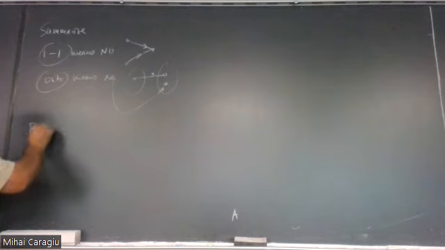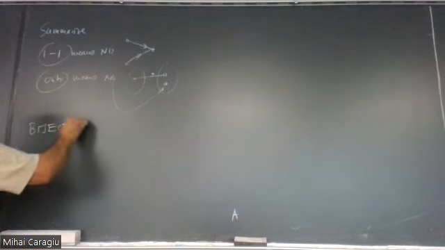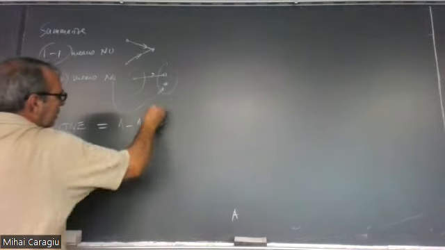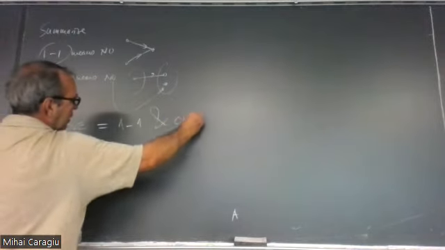Let's combine these two concepts, one-to-one and onto. That's called a bijective function. So a bijective function equals one-to-one and onto. So here's an example.